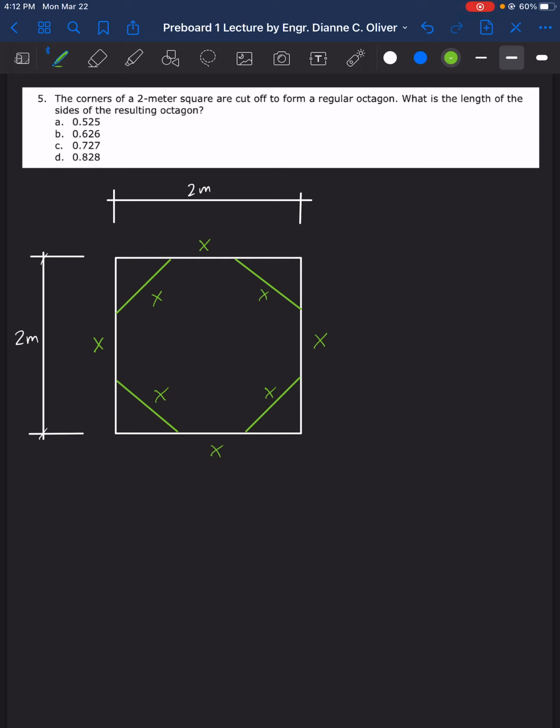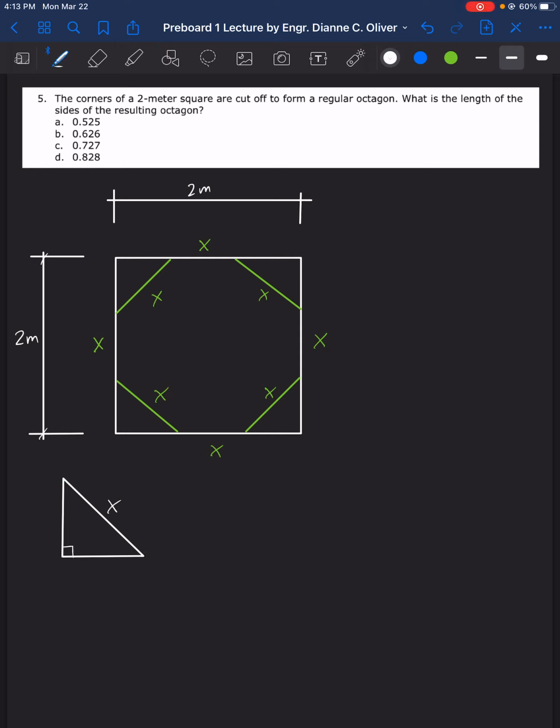So if this is 2 meters here, therefore this portion here is also equal in length. If we draw another triangle here, let me redraw another triangle. There you go, a right triangle.